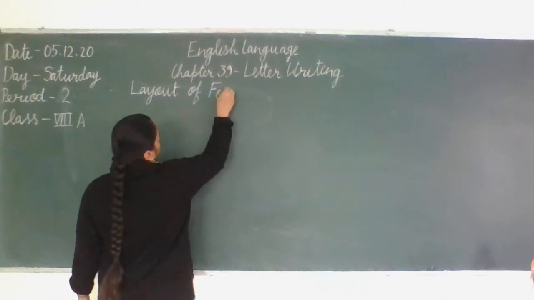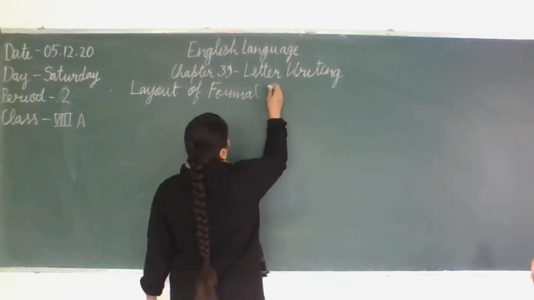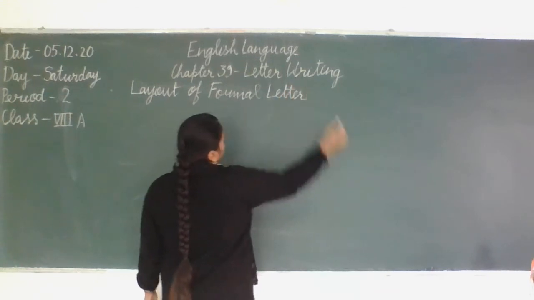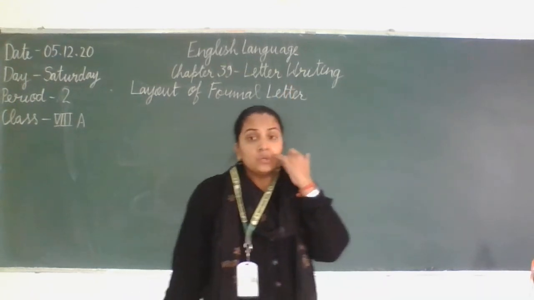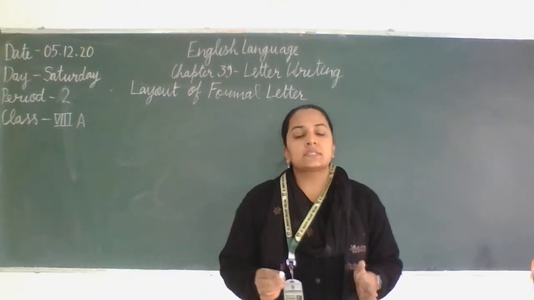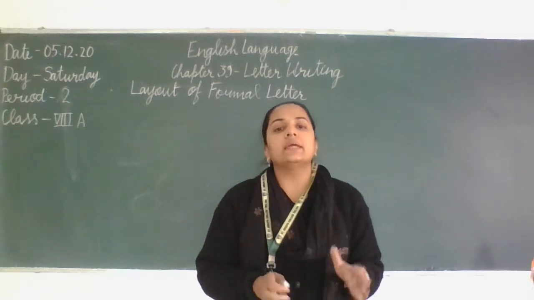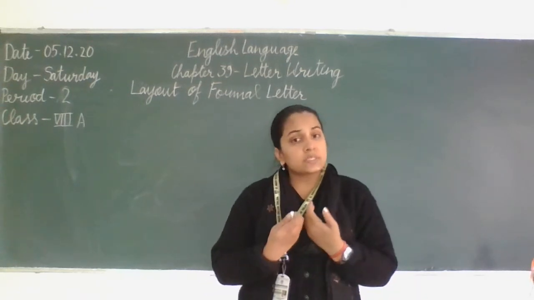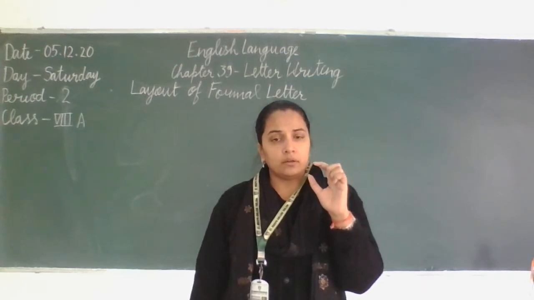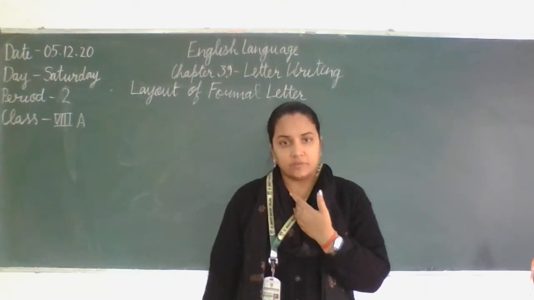Layout of formal letter. Whenever we are talking about the layout of the formal letter, it starts with the address of the person who is writing the letter. Suppose if I am writing the letter, in the starting of the letter, I'll start with my address where I'm living.